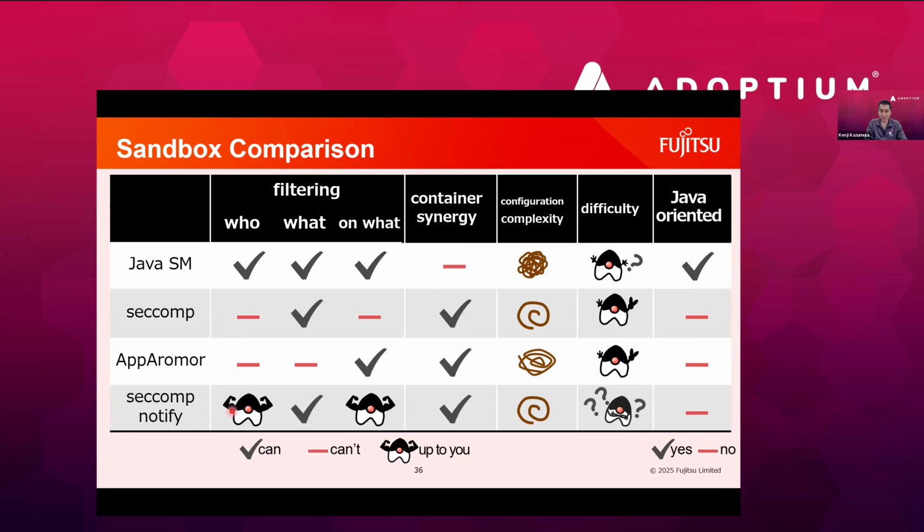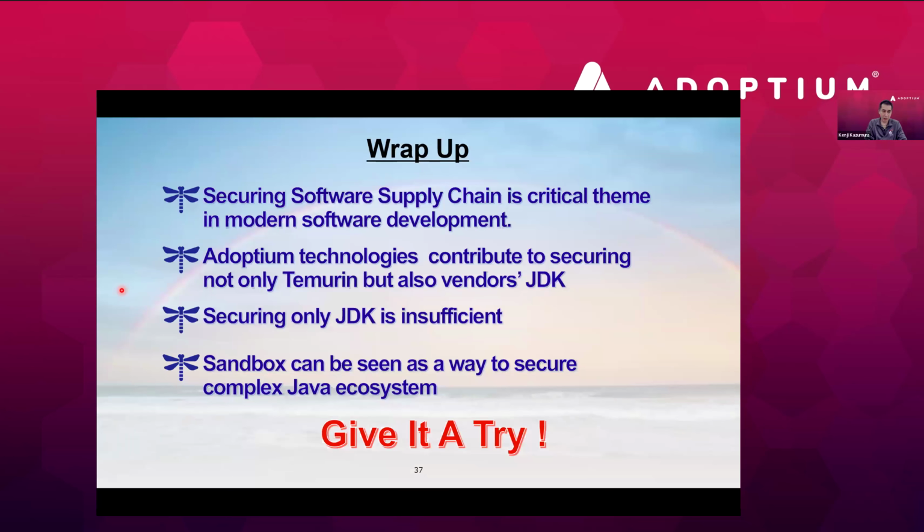So there is no single best answer. The right choice depends on your security requirements and your skills. To wrap up, securing the software supply chain is one of the most critical challenges in software development today. Adoptium provides several technologies to make a trusted JDK, but it is not sufficient on its own when you create a whole Java system.